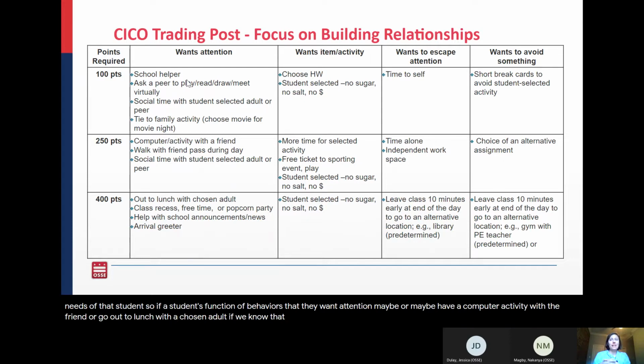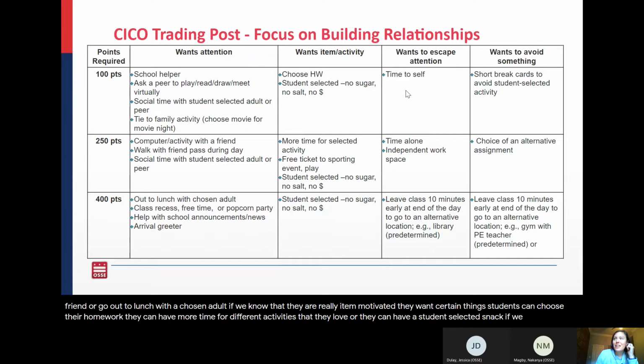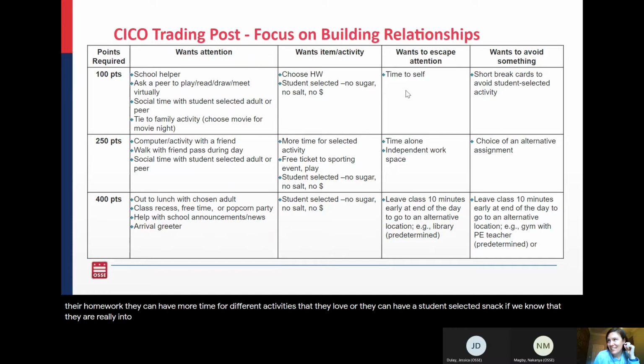If we know that they are really item motivated, they want certain things, students can choose their homework. They can have more time for different activities that they love, or they can have a student selected snack. If we know that they are really into escaping attention, then we can have alone time, independent work time, or leaving class early to go to the library for a silent reading activity.